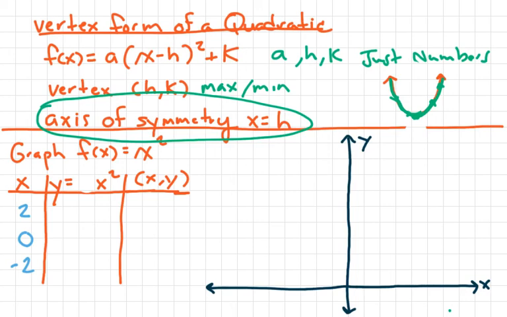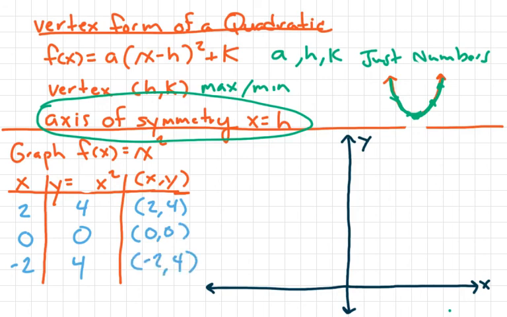Maybe we'll branch out and make it a little bit bigger, but I think you'll get the idea. To find our y value, we're just going to square this. So 2 squared is 4. 0 squared is 0. And -2 squared, well, you're squaring -2 times -2, which is +4. So our ordered pairs that we're going to graph are (2, 4), (0, 0), and (-2, 4).